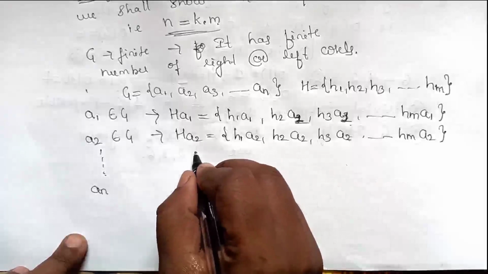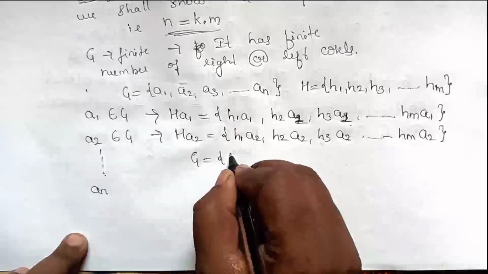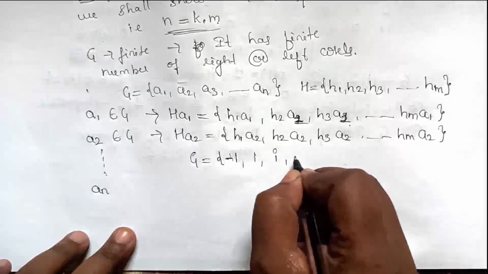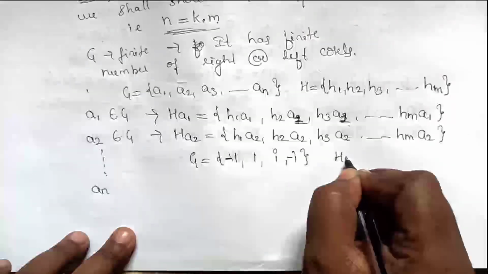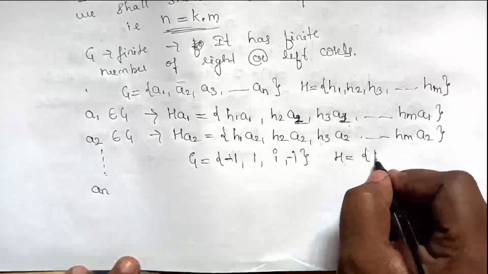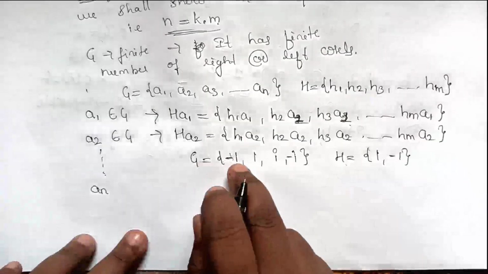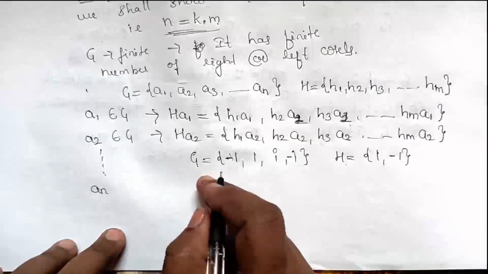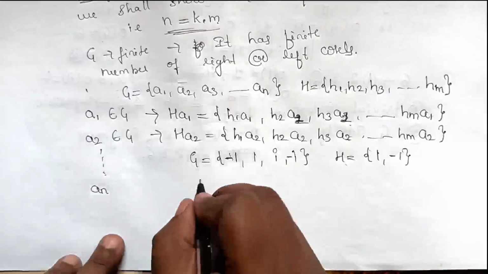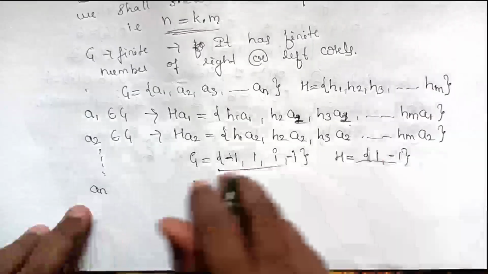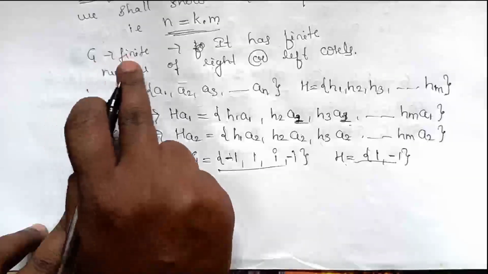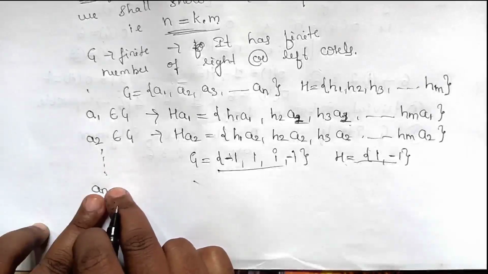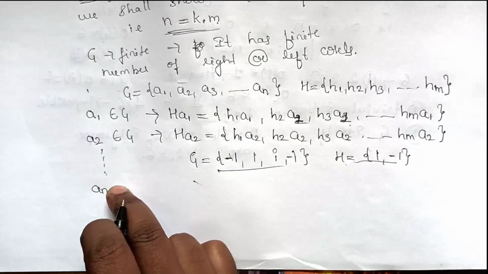For example, in the last class we saw that G is a multiplicative group with the elements 1, minus 1, i and minus i, and H is the subgroup {1, minus 1}. Then there exist in total 4 right cosets, but we considered only 2 distinct right cosets. In the same way, because G has n elements, we can form n cosets, but we consider only distinct right cosets.